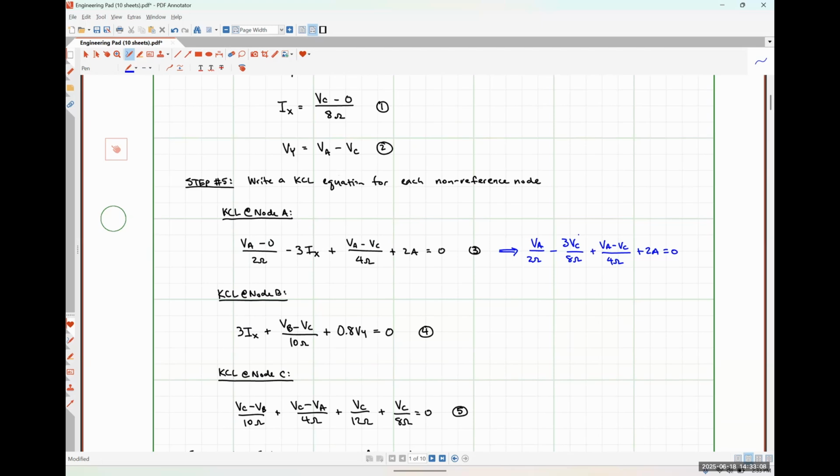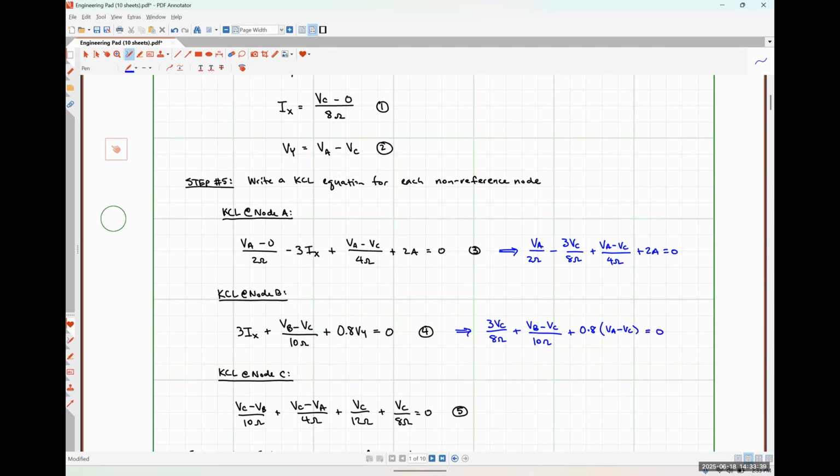So that seems legit. For this guy right here, I've got plus 3 Ix. So that's going to be positive 3 Vc over 8 ohms plus VB minus Vc over 10 ohms plus 0.8 Vy, where Vy is simply Va minus Vc.